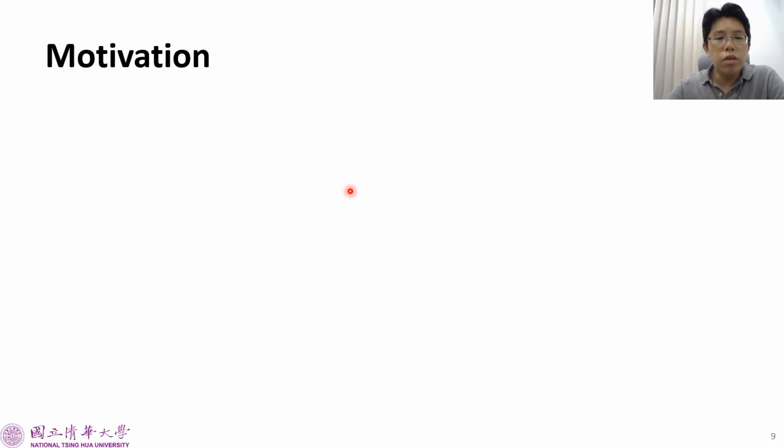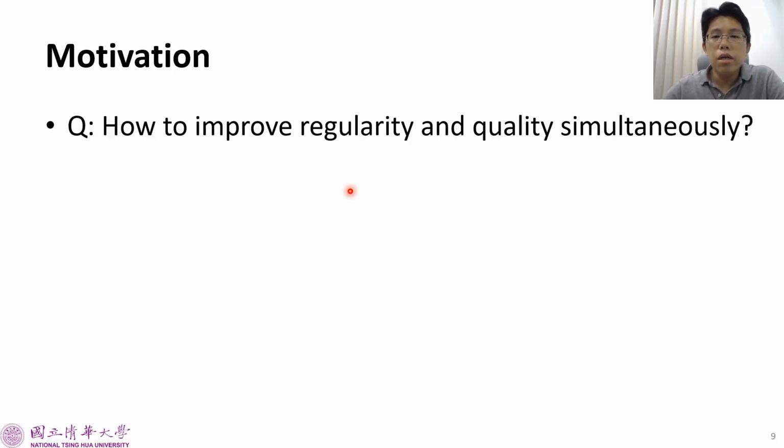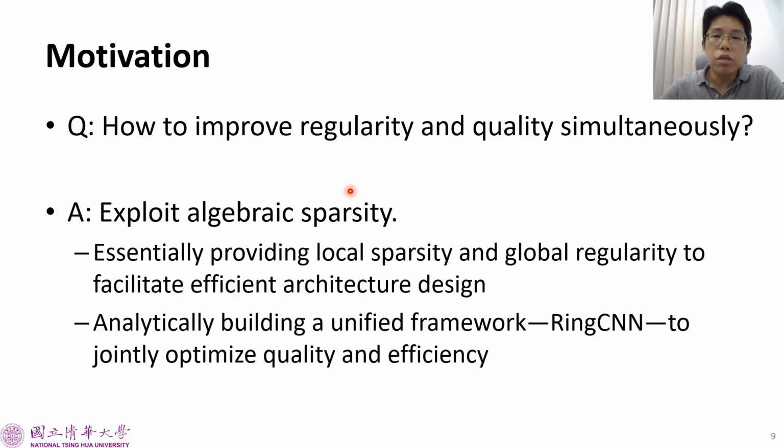So our motivation is simple. Is there any way to improve regularity and quality simultaneously for computational imaging? Our solution here is to exploit algebraic sparsity.